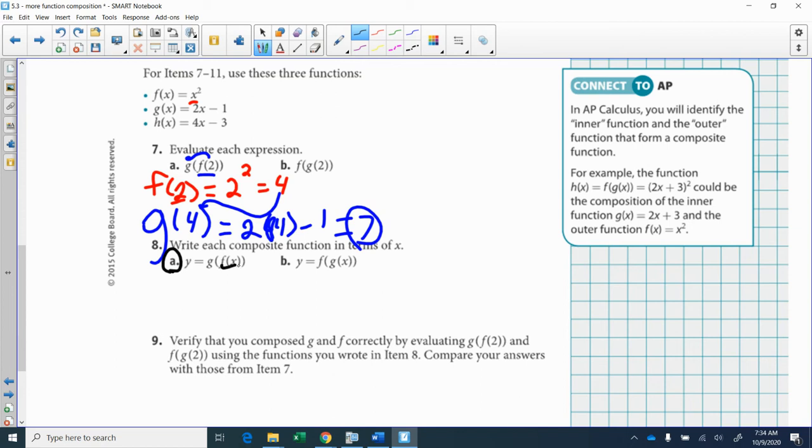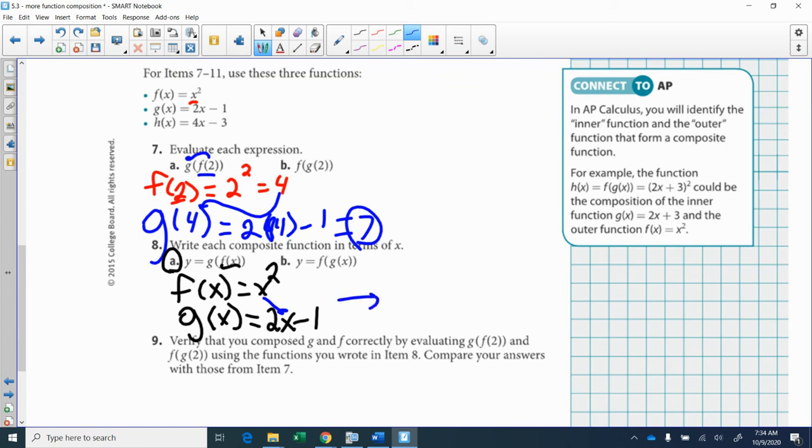Notice how it's inside the parentheses of the g. So this tells me I'm going to take f of x, which is x squared, and then g of x, which is 2x minus 1. And I'm going to plug that value in for the other x.